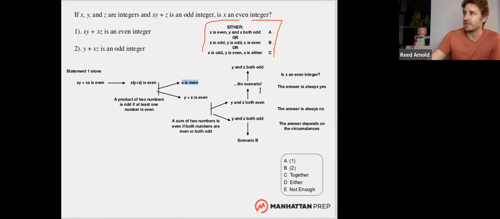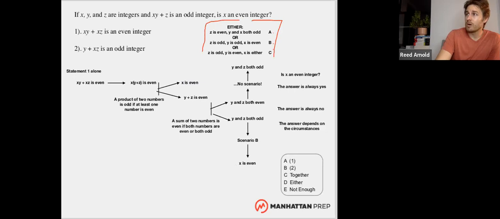That's what I want to know, is x even? It could be. Here, x is even. Done. The question is, what happens to x when y plus z is even? Well, there are two scenarios, but one of them is not actually a scenario because it's not consistent with what is given. So we actually realize that we're in scenario B, and in scenario B, x is even.